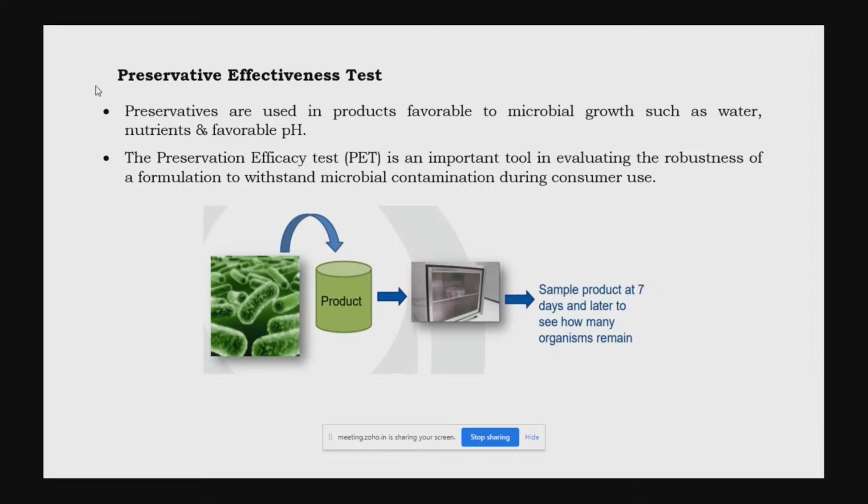In that condition, some preservatives, like benzalkonium chloride and others, are used in the manufacturing of the drug product. What is the role of the preservative? The preservative's role is to inhibit the growth of microorganisms. While multi-dosing, there is a possibility of contaminating the drug product through the syringe needle and everything.